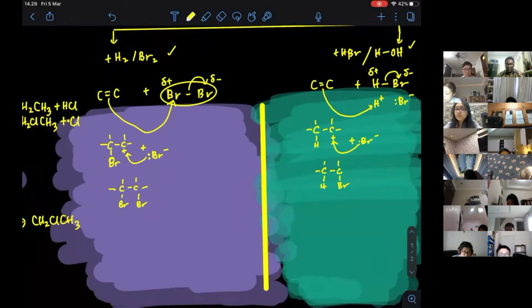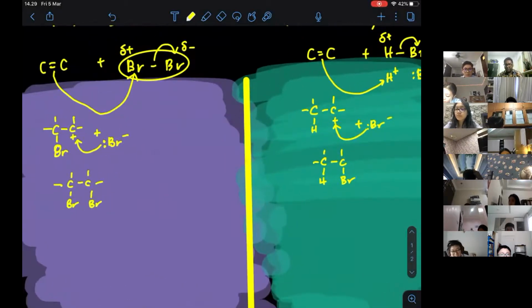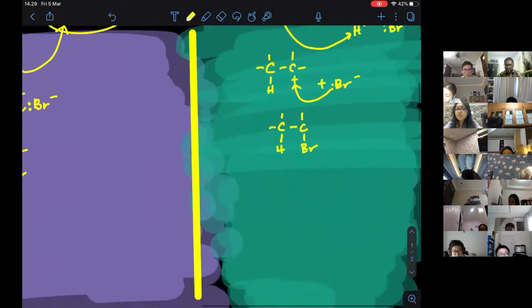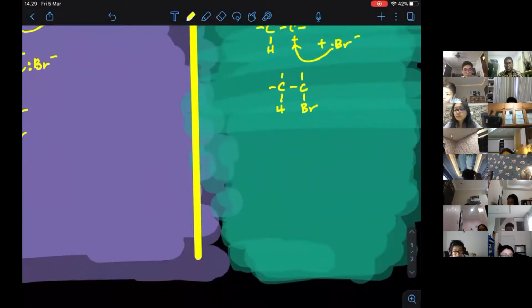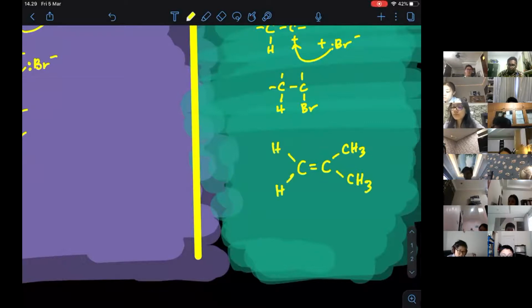But for this part, we need to be very careful because sometimes you will have a situation where you can have more than one product. So in that sense, which one do we select? For example, if I have CH3 and CH3 and then I have H, I have H, and I try to react with HBr, where do the H and the Br go?